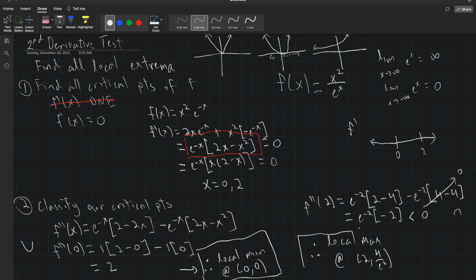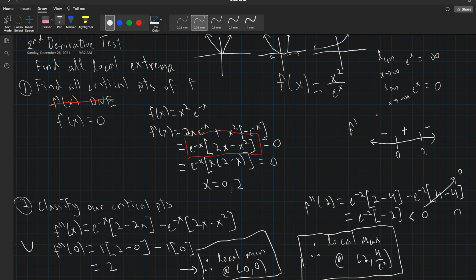Awesome. So it's still perfectly valid to use the first derivative test here and plug in values in these intervals to try and deduce. So if we had done the first derivative test, we would have figured out that our first derivative is negative when x is less than 0, positive between 0 and 2, and negative when x is greater than 2.